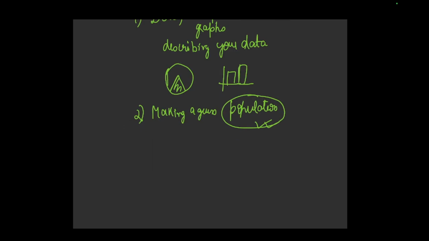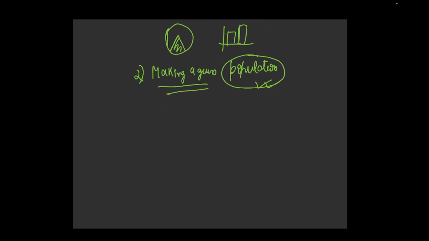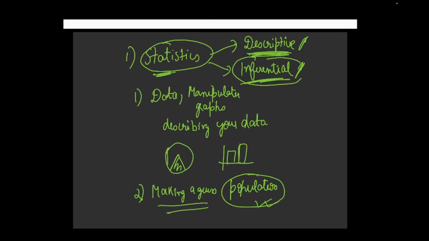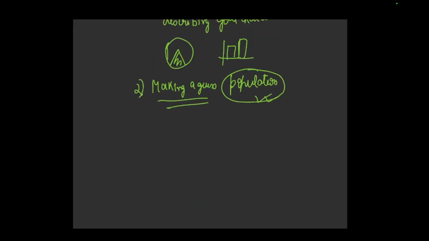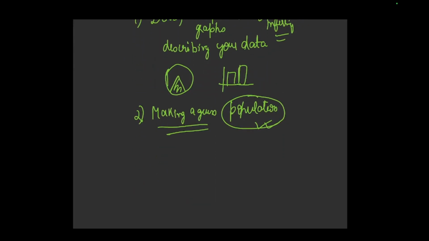It is the branch which helps us make predictions on the large-scale population, and is basically inference. You can learn from the word inferential: we are inferring that we can do this from that particular data. So these are the two types of statistics that are discussed.